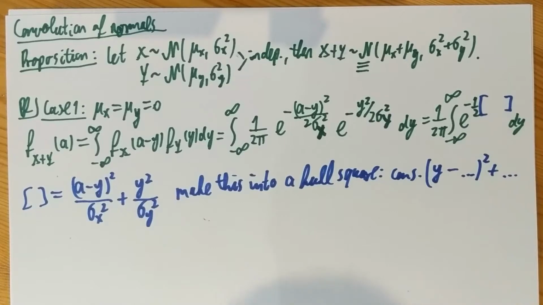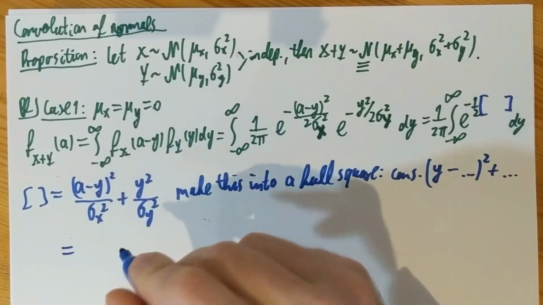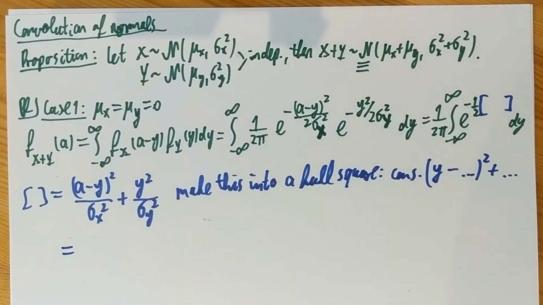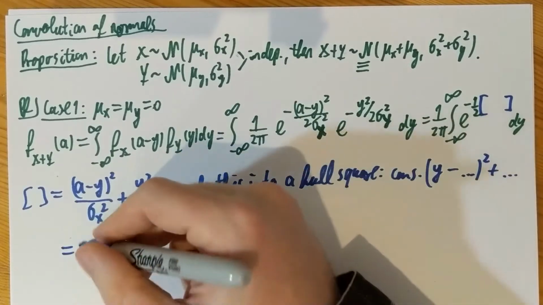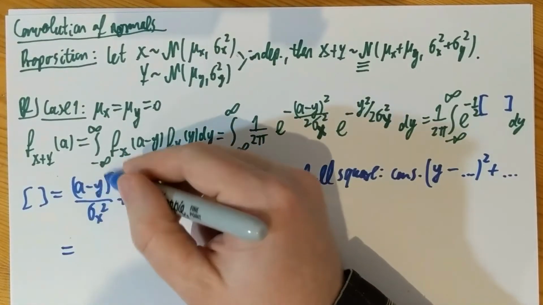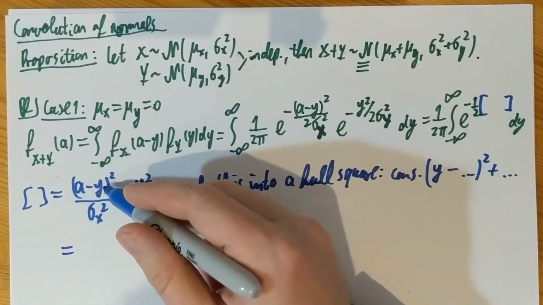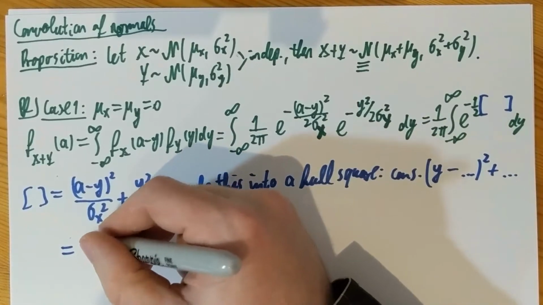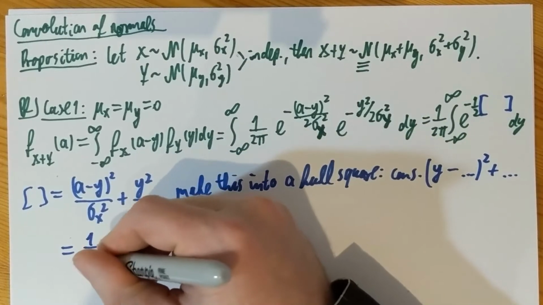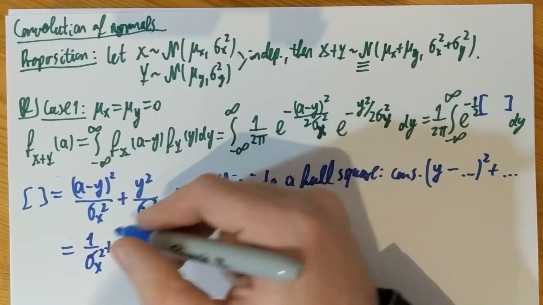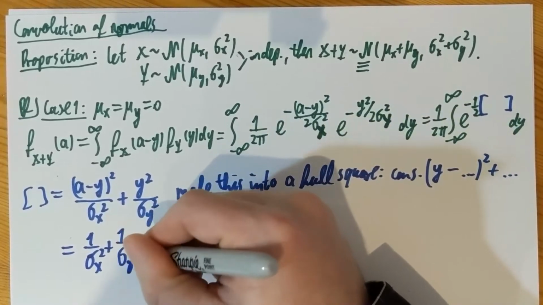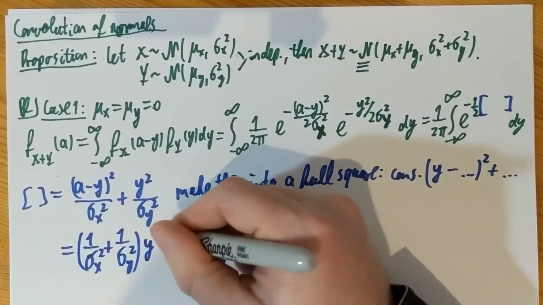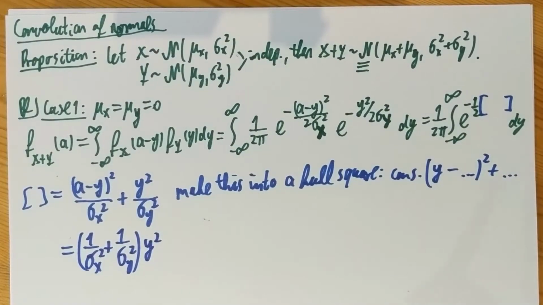Okay, so in order to do that, I'm going to break this up a little bit, and I'm going to find out about the factors in front of y squared first. So if I break up this square, then there is a y square coming from here. So there is going to be a 1 over sigma x square and a 1 over sigma y square in front of a y square. That's the first term which I know.